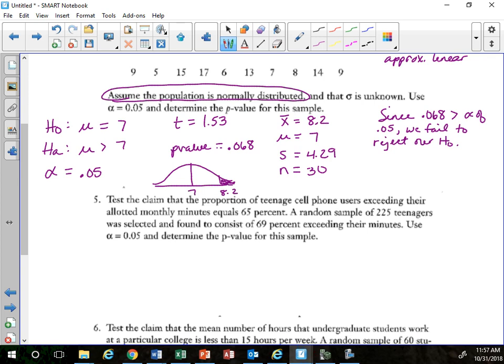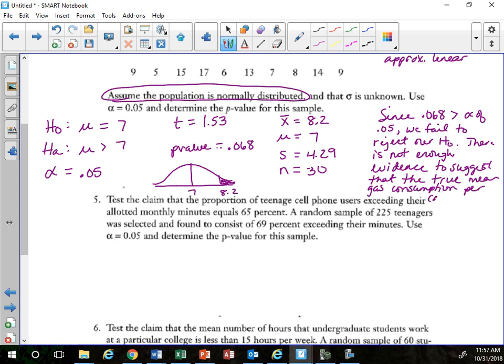There is not enough evidence to suggest that the true mean gas consumption per car, and you could say in the US, is more than 7 liters.